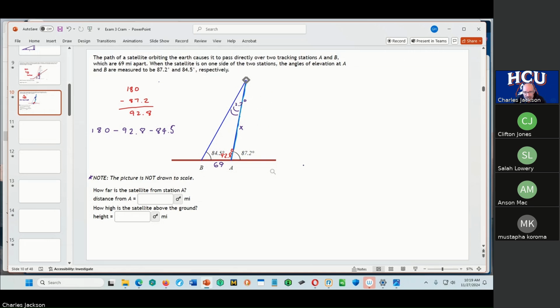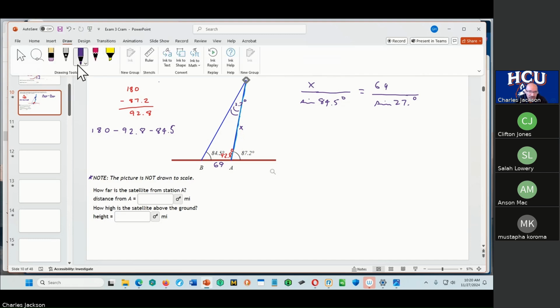And so then by the law of sines, x over the sine of 84.5 degrees is equal to 69 over the sine of 2.7 degrees. Multiply both sides by sine of 84.5.